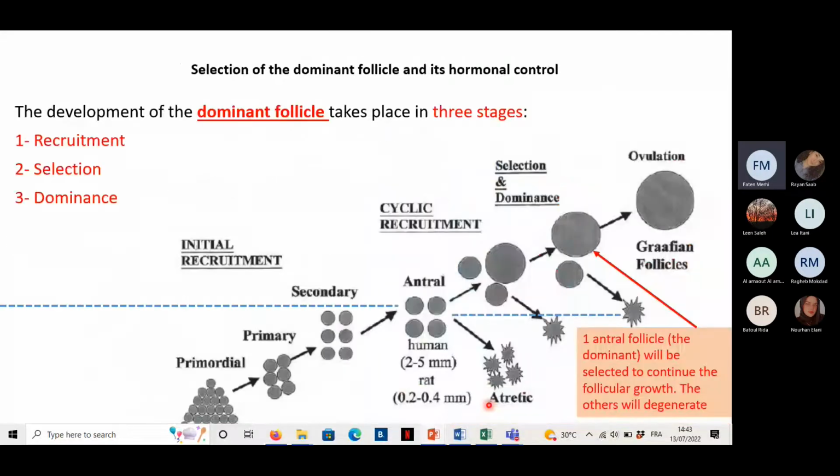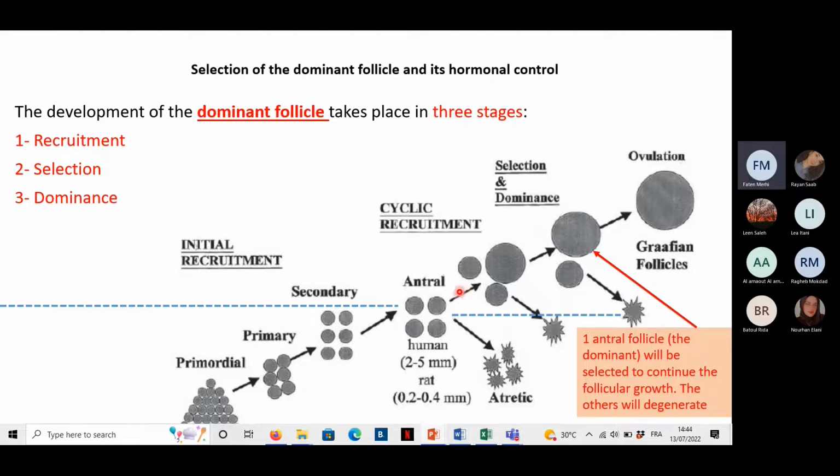Okay. So, under the action of FSH, a pool of early antral follicles will start to develop and to get a little bit bigger, to increase in size. But not all of this pool are synchronized in their development. Some follicles will be bigger than others.